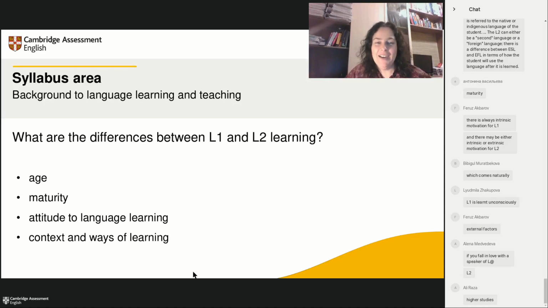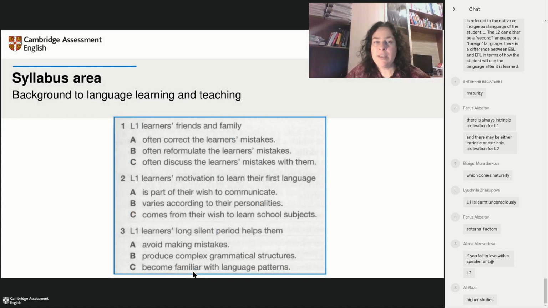Yeah. Okay, awesome. Have a look. Here is an extract from one of the sample papers. Have a look at this multiple choice type of task.